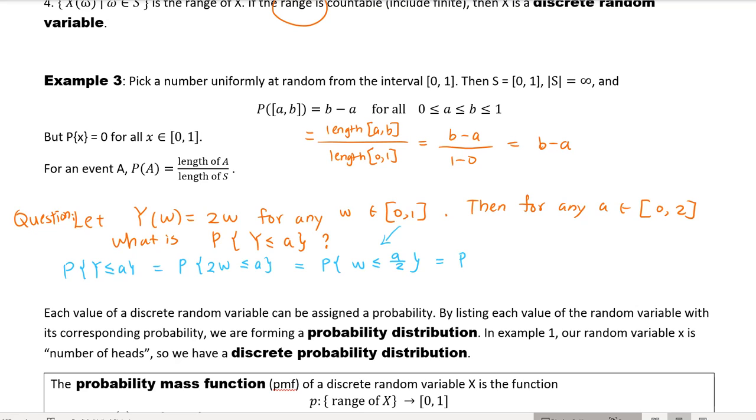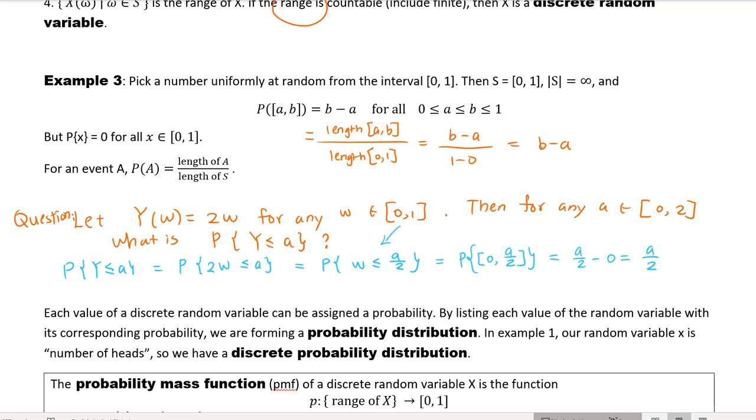So this is the same as w is in [0, a/2]. And what is the probability of this? Well, just a over 2 minus the left endpoint 0. So just a over 2. So the probability is a over 2.